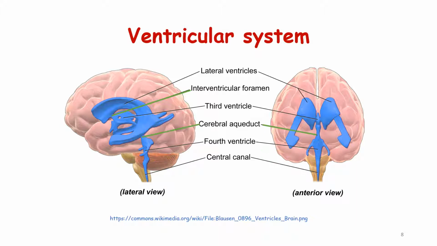The 3rd ventricle is connected to the 4th ventricle by a canal called the cerebral aqueduct. The 4th ventricle extends to become the central canal, which is also filled with cerebrospinal fluid and encases the spinal cord. This essential fluid protects the brain and spinal cord from trauma and provides nutrients for central nervous system structures.